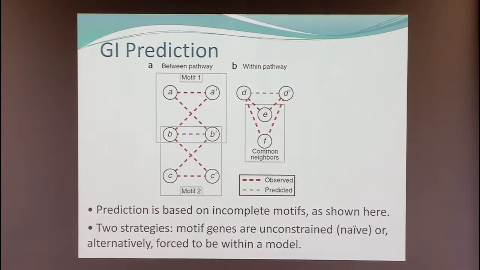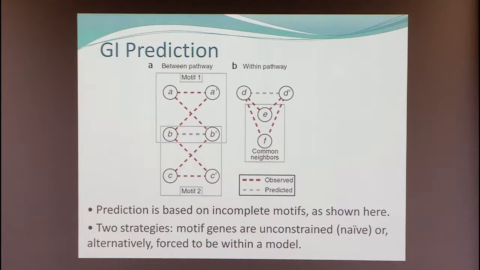So the idea is that in the between pathway scenario, if you identify two pathways with a lot of crossing genetic interactions, and one interaction is missing, then based on the support for this interaction, how many pairs there are, you might predict that this interaction is correct.